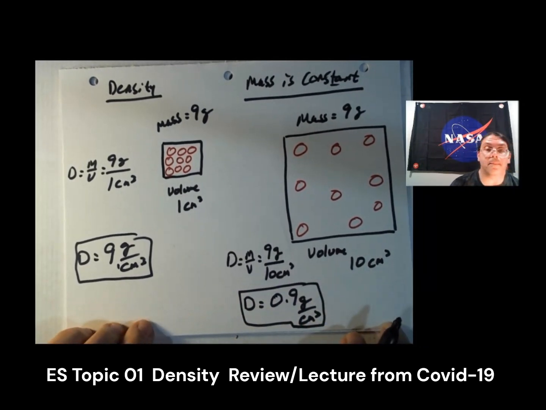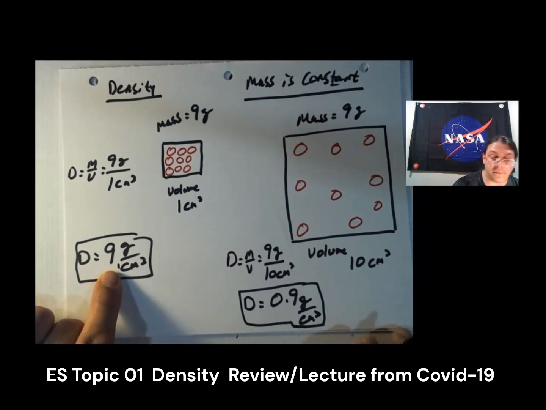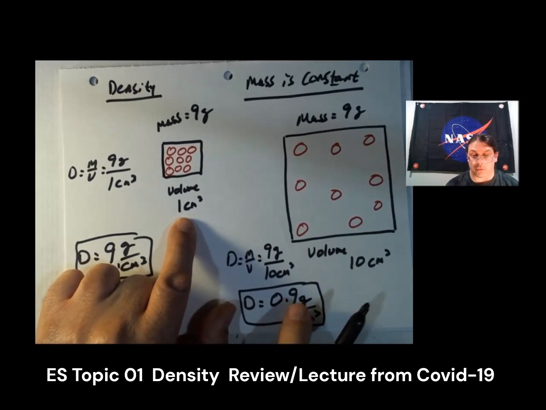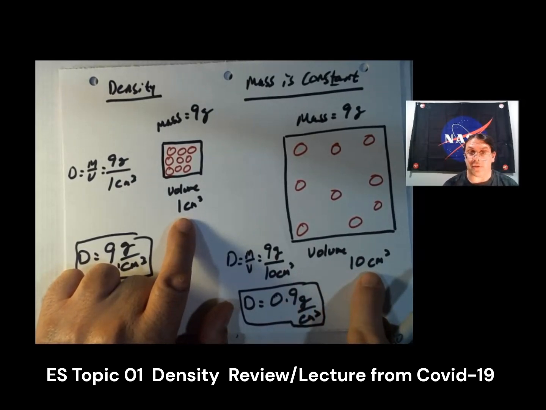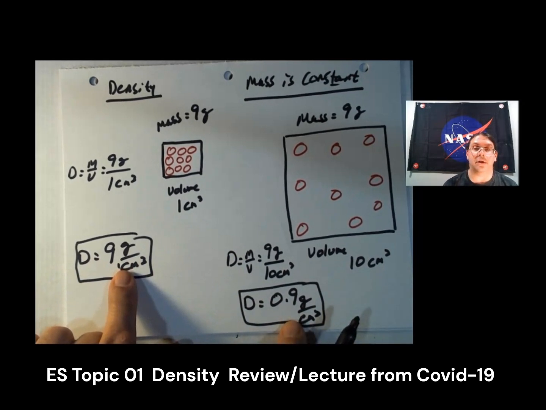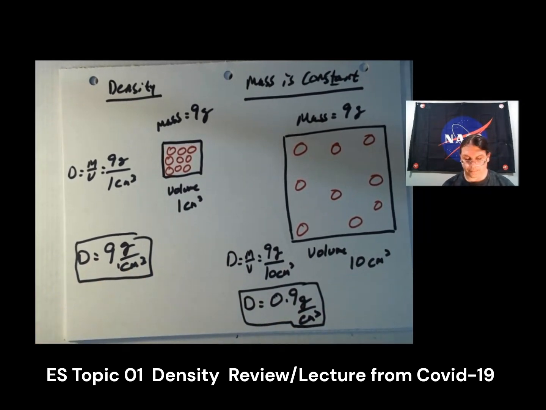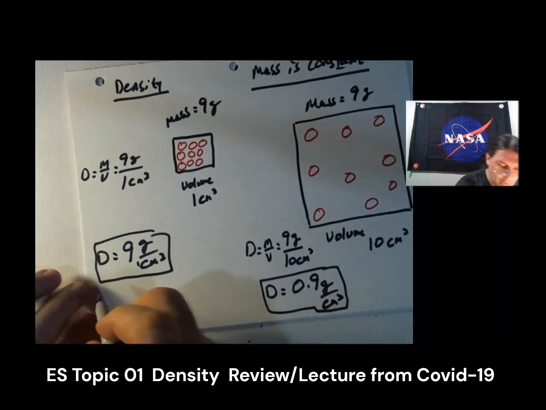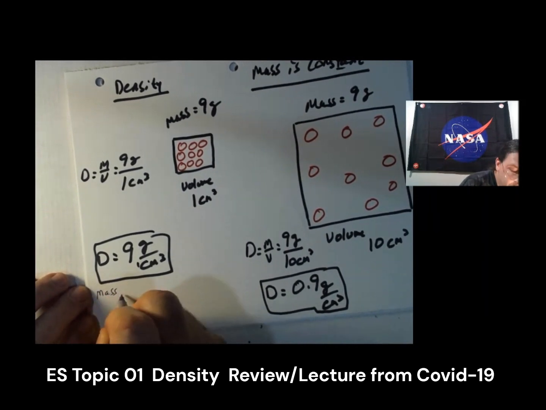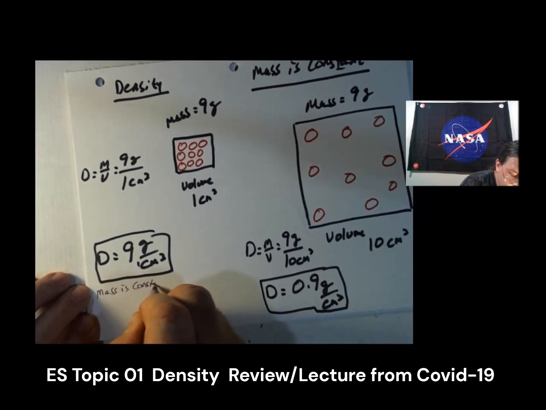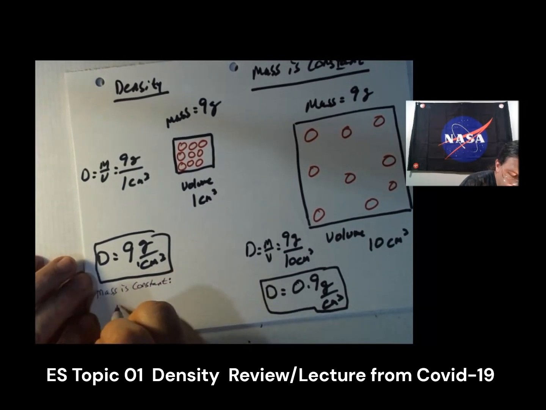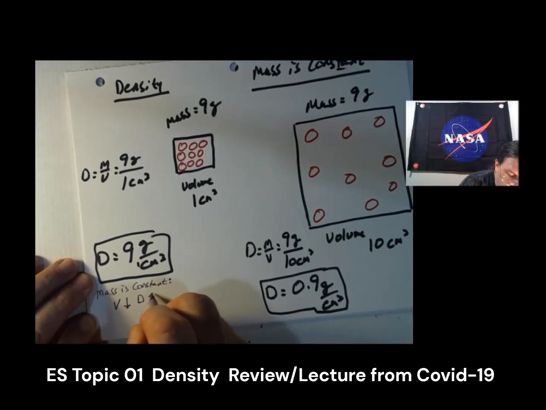What happened? I was 9, I'm now 0.9. I had a volume of 1, I grew the volume to 10, so my volume increased, but what happened to my density? It went down. So in this case, when mass is constant, if your volume goes down, your density will go up.